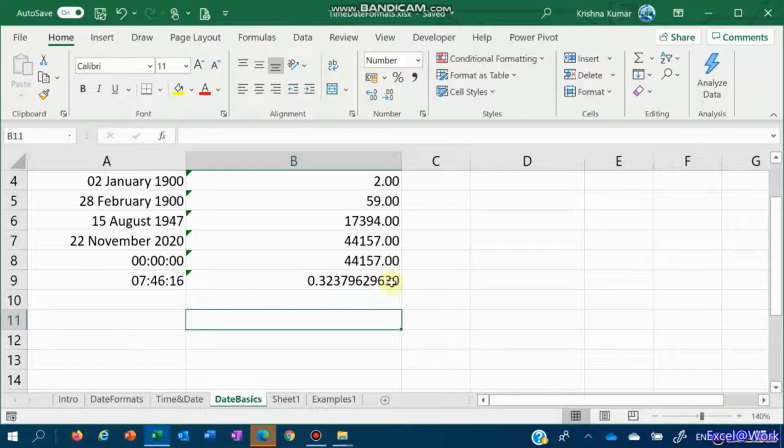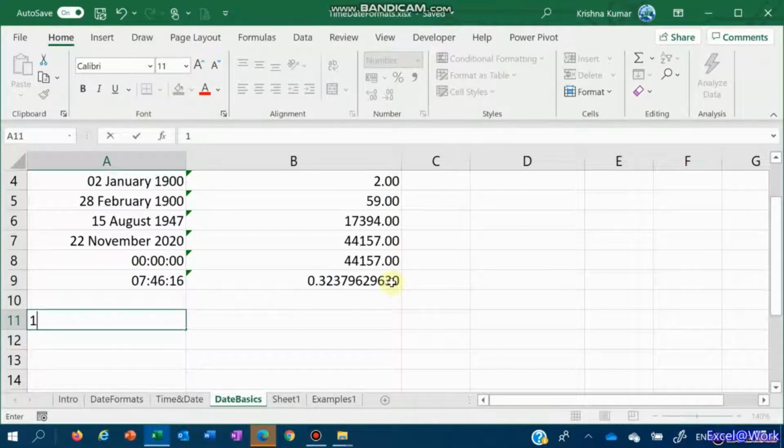So how is this worked out? 1 day consists of 24 hours. So when I say 1 hour, it is a fraction of the day, divided by 24. So 1 hour is 1/24. 1/24 is a fraction, so this is formatted as a number.